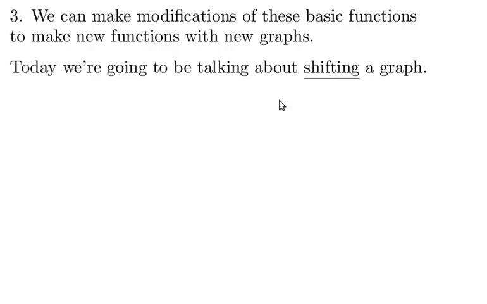Today we're going to be talking about shifting a graph. So to shift a function up or down, any function, this applies to absolutely anything, add a number on the end.